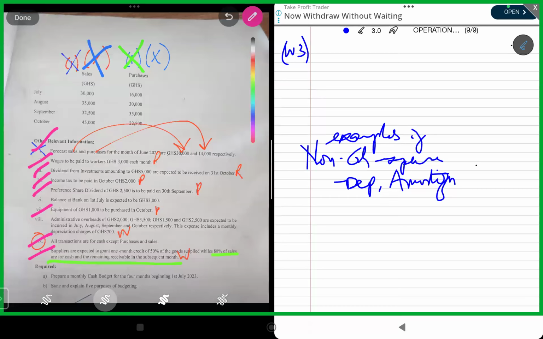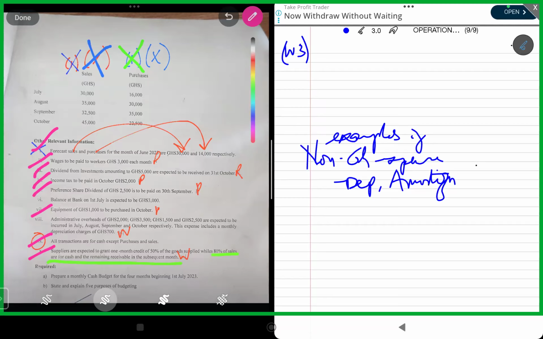So 2,000 minus 700, 3,500 minus 700, 1,500 minus 700, and 2,500 minus 700. That's right, so that's what we are going to do now. All right, so we start.